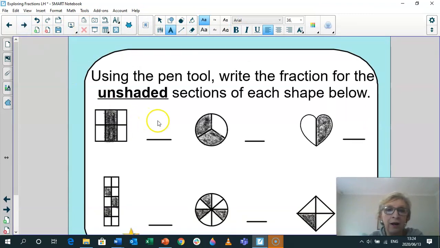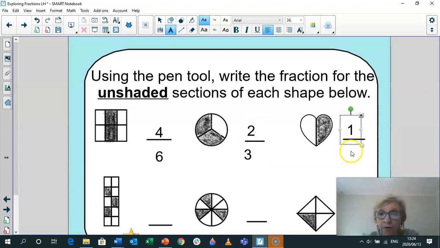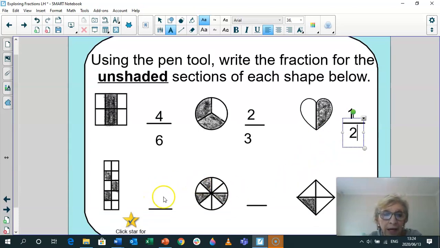On we go. Now we're going to write down what it is that is not shaded. So 4 out of 6 here is not shaded, right? So 4/6. 2 out of 3 is shaded, which means it's 2/3. The heart, 1/2 is shaded and 1/2 is not shaded. Right, and out of my tenths, there are my 10 equal little squares.